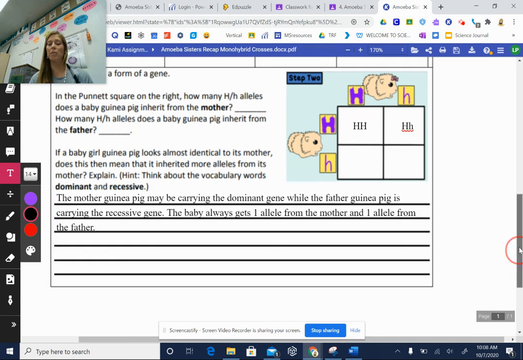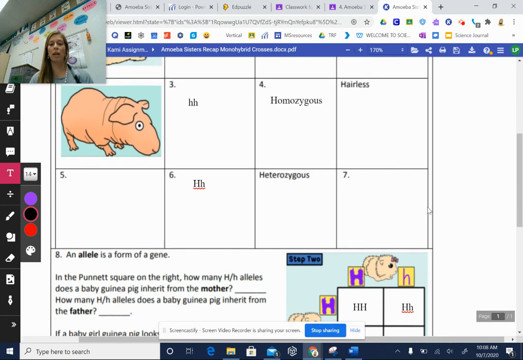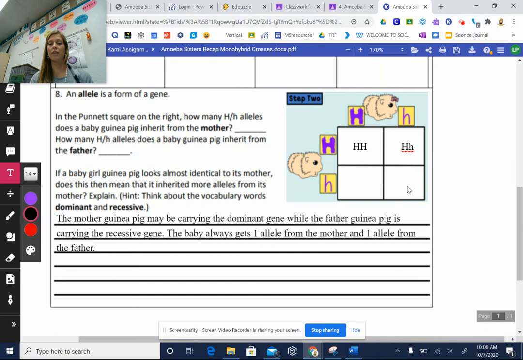So now your job, remember, is to make sure that you have answered number 7, which we left blank. You have filled in the rest of the Punnett square, which we left blank in this video. And I've said it several times, so I've given you the answers here. So put in the number of alleles that a baby guinea pig will get from each of its parents.